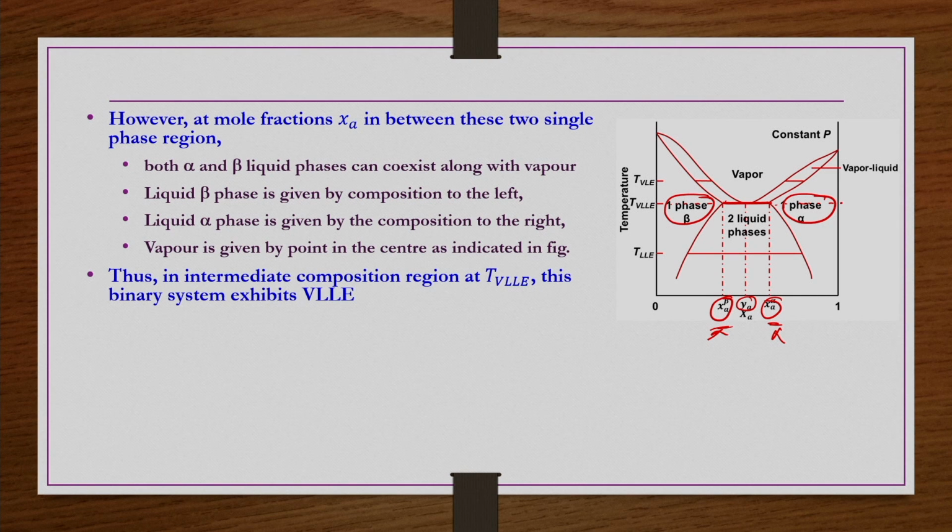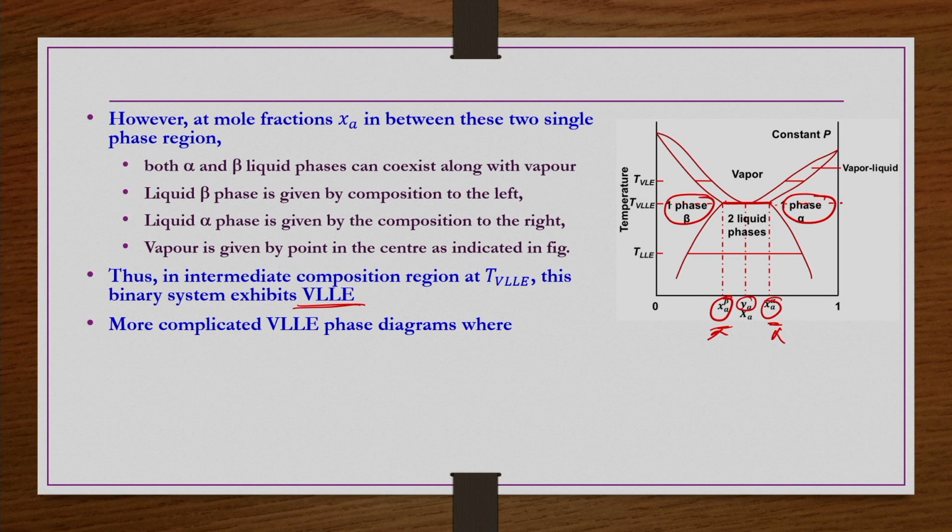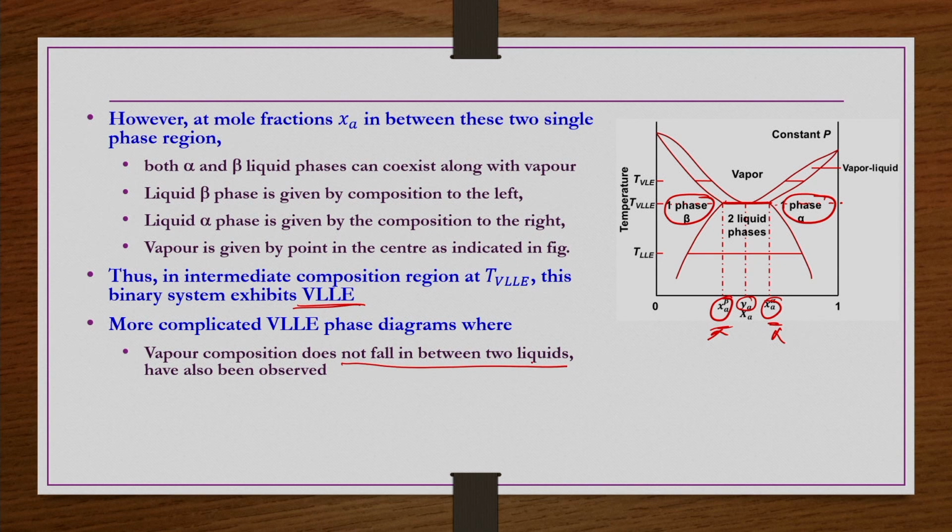So, in the intermediate composition region at T_VLLE, this binary system exhibits vapor-liquid-liquid equilibrium, that is, one vapor phase and two liquid phases are at equilibrium. More complicated VLE phase diagrams, where the vapor composition does not fall in between the two liquids, have also been observed.